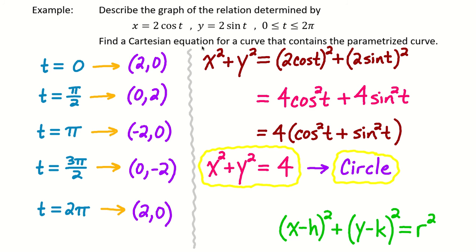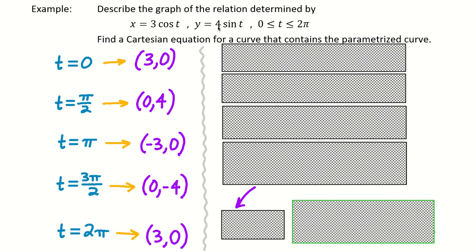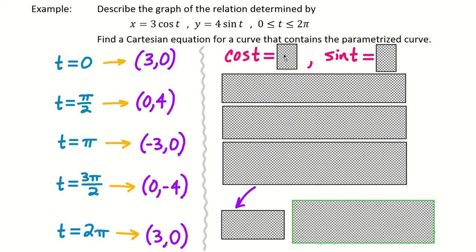You can't do this exact setup, because here the 2 and the 2 match, so that had some sort of impact. But here we have a 3 and a 4, and they don't match. So there's going to be a slightly different approach, but it's still just using the Pythagorean theorem or Pythagorean identity.